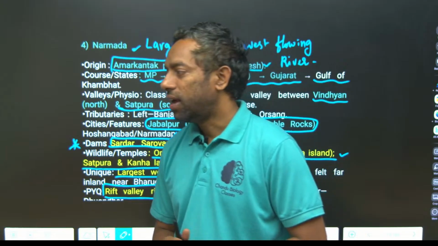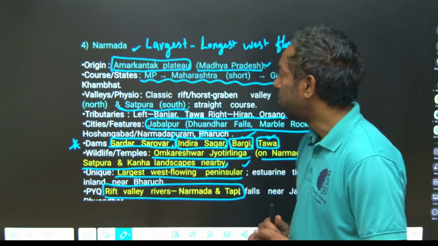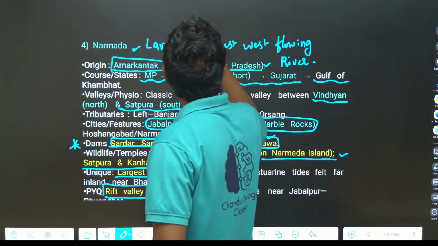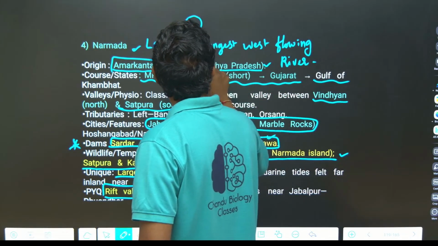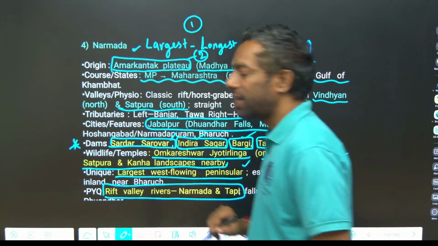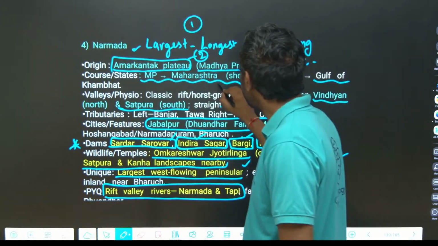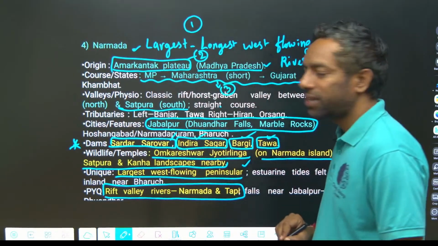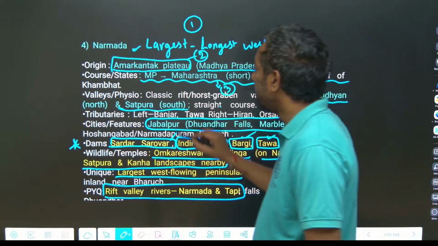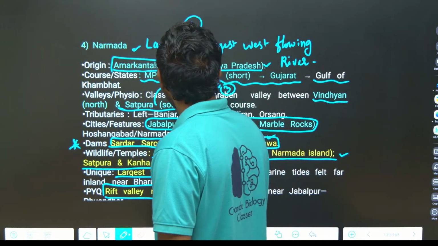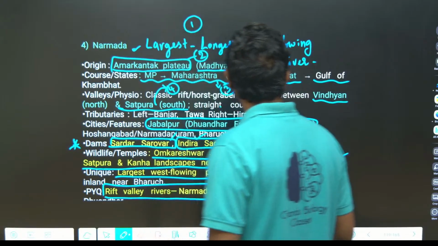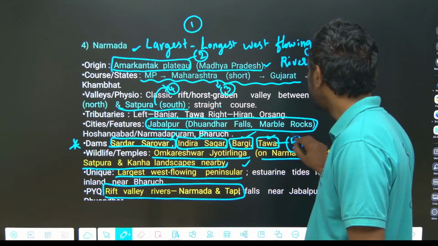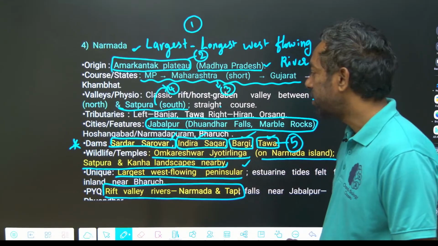I hope you understand this about the Narmada river. First point to remember: it is the largest west flowing river. Second point: its origin is Amarkantak. Third point: it crosses Madhya Pradesh, Maharashtra and Gujarat. Fourth point: it flows between the Vindhya and Satpura ranges. Fifth point: the dams, Sardar Sarovar Dam and Indira Sagar Dam.